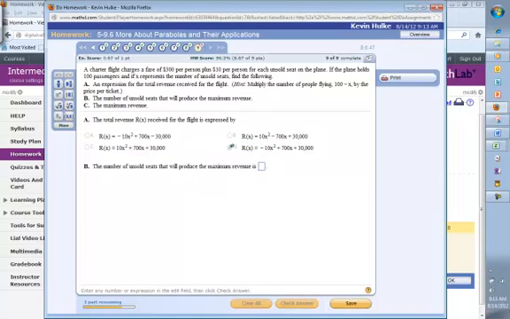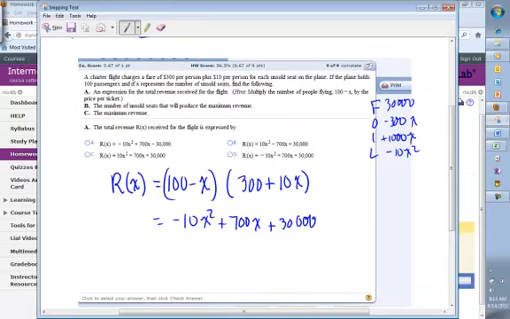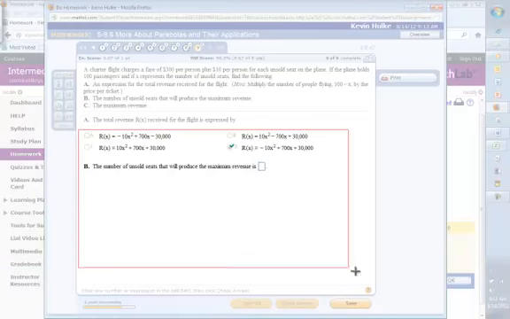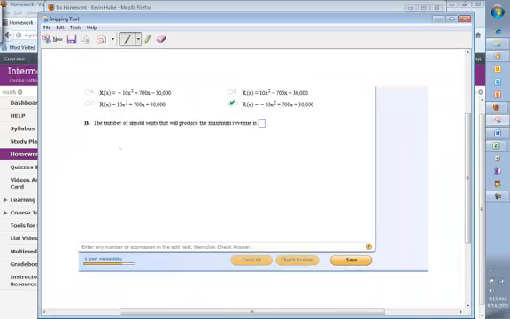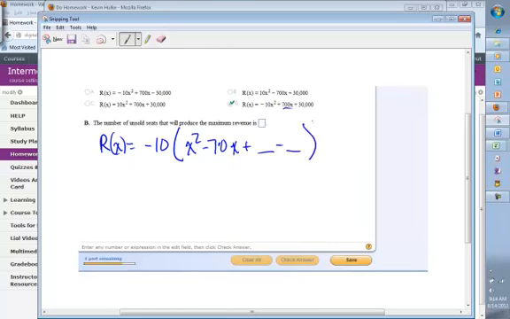Now, find the revenue for those unsold seats. Okay, that will produce the maximum revenue. R of x equals negative 10 parentheses x squared. Take negative 10 divided into 700 and you get negative 70x plus blank minus blank, close parentheses, plus 30,000.